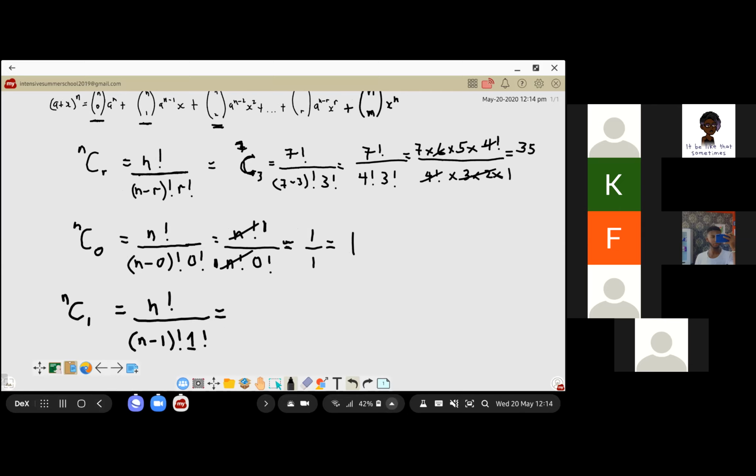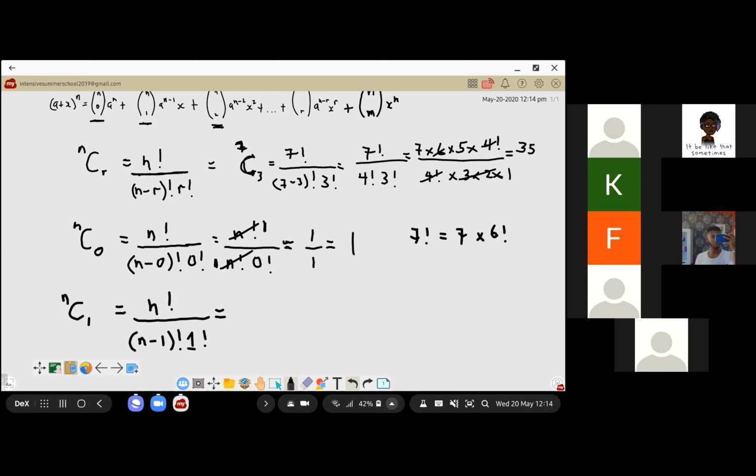Now what is 7 factorial? We'll do 7 times what? Times 6. How do we get a 6? We subtracted 1 from the 7, right? We said that we can write 7 factorial as 7 times 6 factorial.